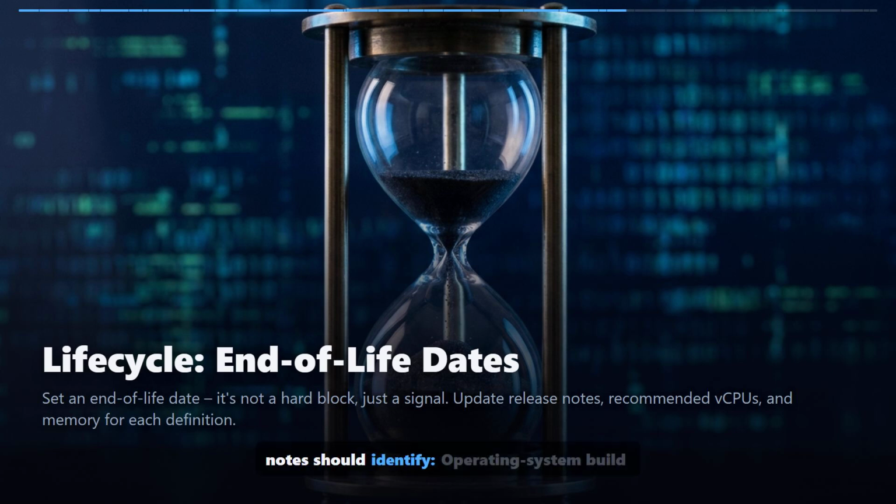Those notes should identify operating system build, installed application versions, security baseline version, patch date, known limitations, pipeline run, source commit, test results, change approval, intended retirement date. Treat every image version like a software release artifact.